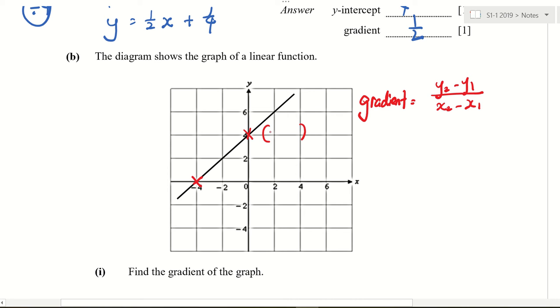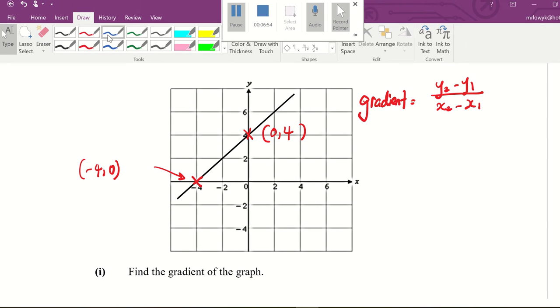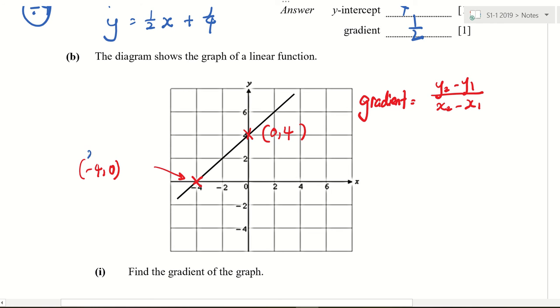This is 0, 4. What about the one here? Negative 4, 0. So I label the axis accordingly. This is x1, y1. This is x2, y2. Right? So now I start. y2 is 4. y1 is 0.